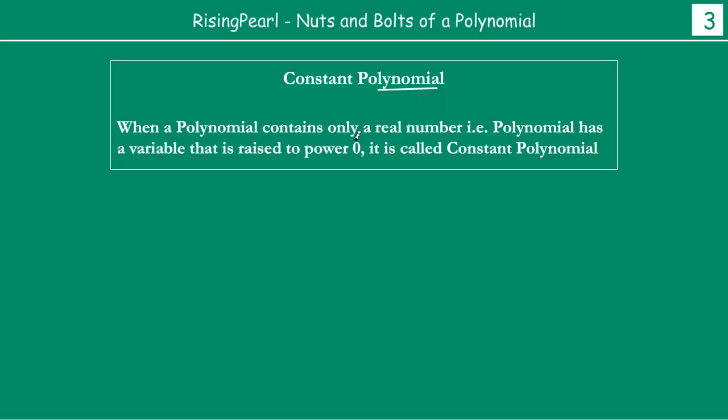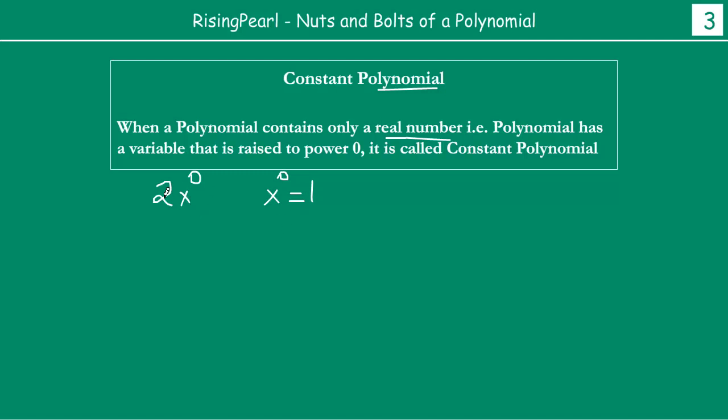When a polynomial contains only a real number. So जो polynomial है, if it contains only a real number, that is polynomial has a variable that is raised to power 0, we call it a constant polynomial. मान लीजिए हम आपको देते हैं 2. If we give only an expression which has 2, then you can imagine कि we can write an imaginary variable raised to power 0. आपको मालूम है anything raised to power 0 is actually 1, right?